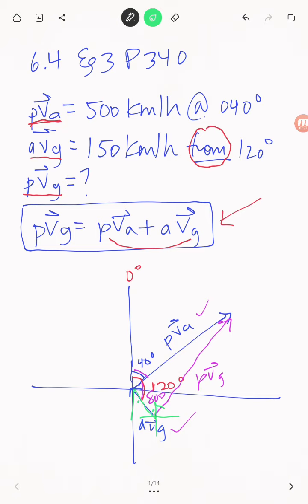Now I do know that angle there because I know that my wind velocity was at a bearing of 120 degrees, or at least the angle here was from a bearing of 120 degrees. And so the remaining angle here would be 180 minus 120, which is 60 degrees. Okay, now this diagram is getting a little bit messed up, so I'm just going to go to the next page and redraw it.